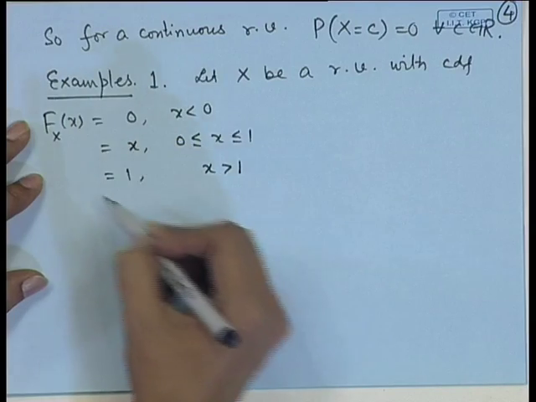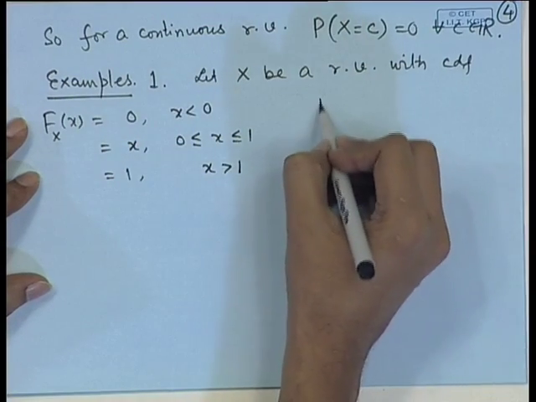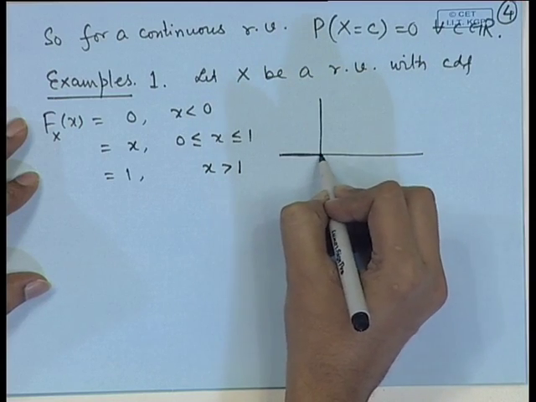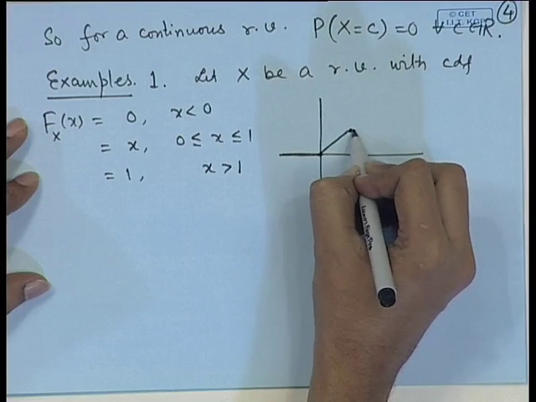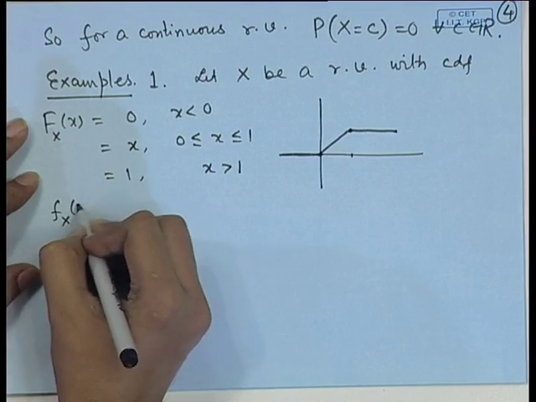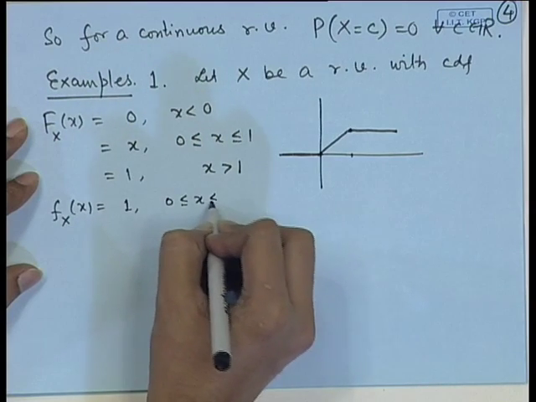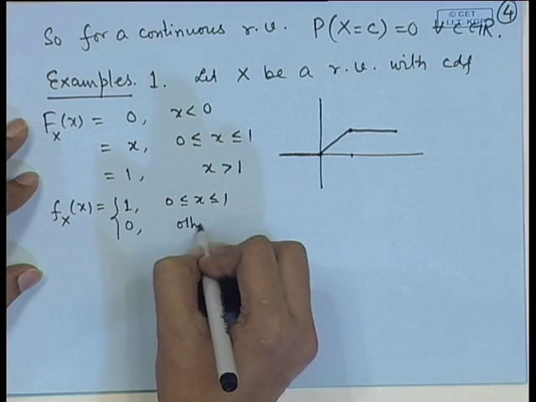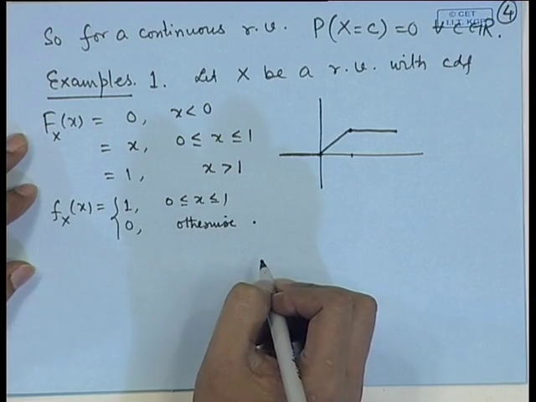Quite obviously, this is an absolutely continuous function and you can plot it. For x less than 0 it is 0, for 0 to 1 it is x and thereafter it is 1. So, the density function is given by 1 for 0 less than or equal to x less than or equal to 1 and it is 0 for x lying outside the interval 0 to 1.